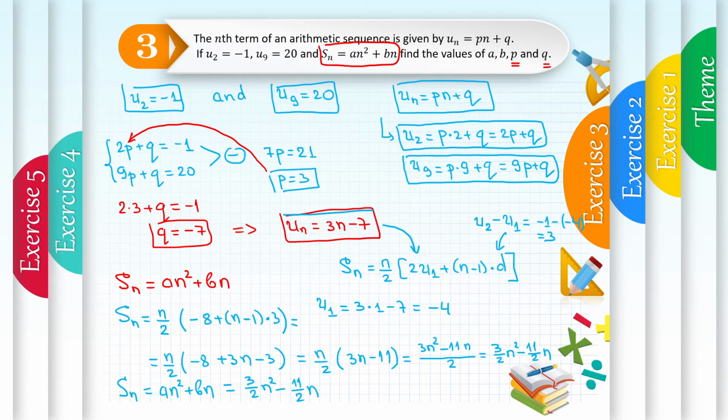Because we are speaking about the same S sub n, this means that a is equal to 1.5 or 3 divided by 2, and b is equal to minus 11 over 2, minus 5.5. So this is the final answer to this exercise. So we found the value of a equal to 3 over 2, the value of b equal to minus 11 over 2, the value of p equal to 3, and the value of q equal to minus 7.